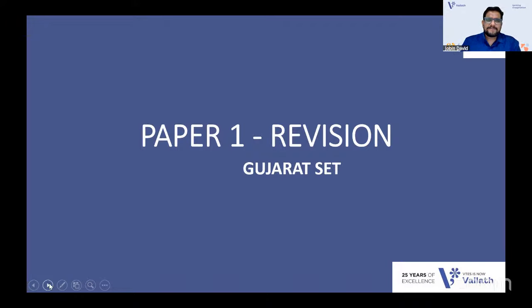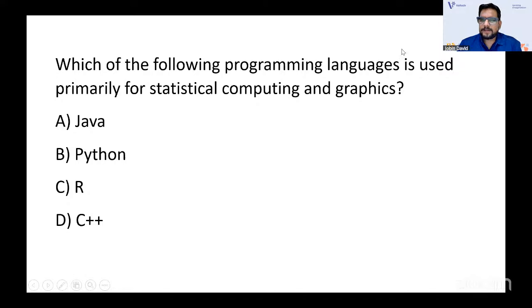Okay. The first question: which of the following programming languages is used primarily for statistical computing and graphics? Is it Java, Python, R, or C++? These are all programming languages, and you have to have an idea of which one is used primarily for statistical computing and graphics.